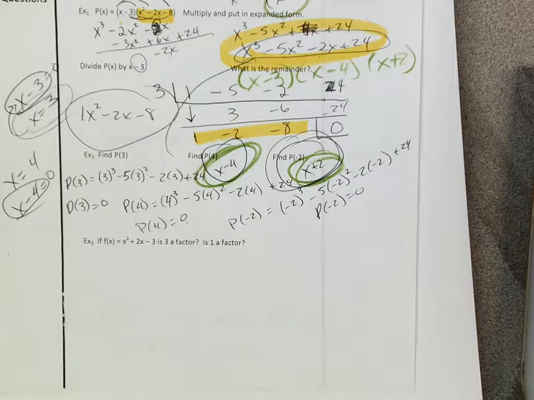Those are all factors. And these are x's, but all three of these together will make this. That's their factors, because they're all three numbers that multiply to make that number.